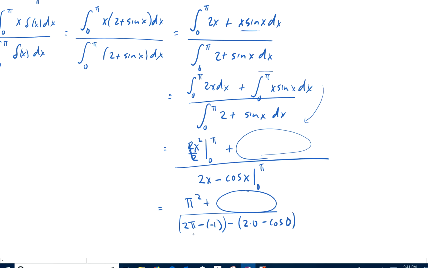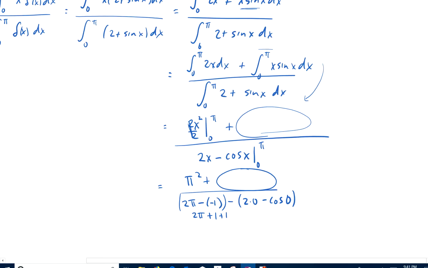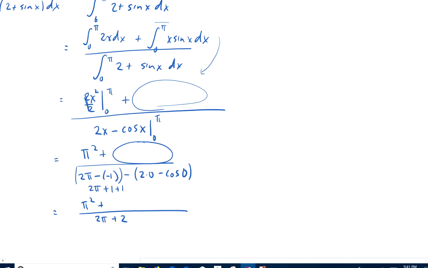Okay, so the denominator becomes 2 pi plus 1 minus cosine of 0, which is 1, so it'd be plus 1. Okay, so we've got 2 pi plus 2. So we're going to get pi squared plus whatever goes there over 2 pi plus 2. Now I've got to figure out what is in that box.